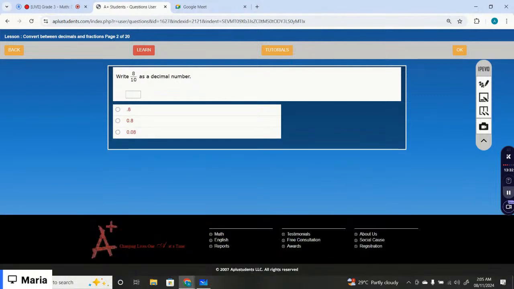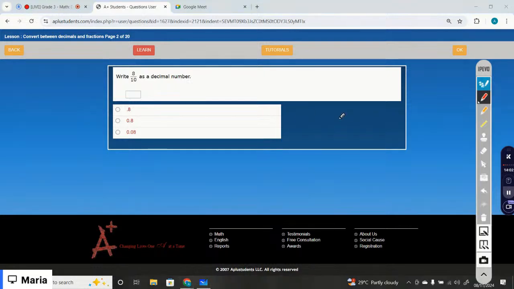Write 8 by 10 as a decimal number. So how do you write 8 over 10 as a decimal? You have only one zero, right?